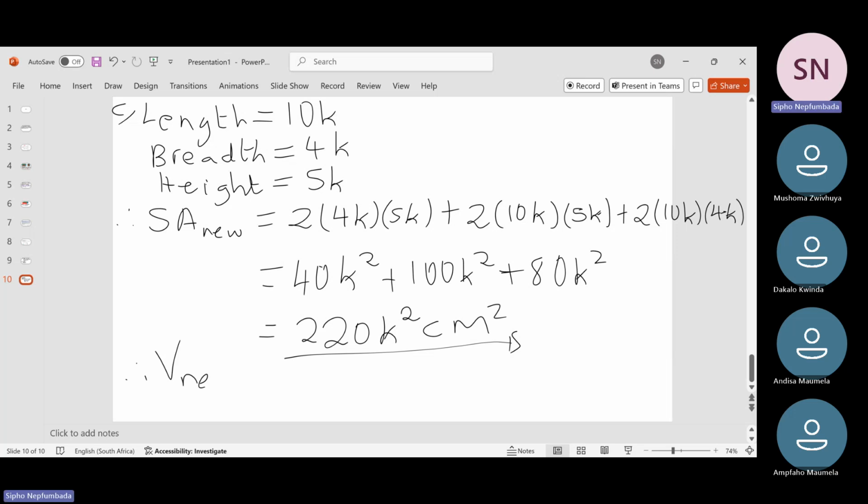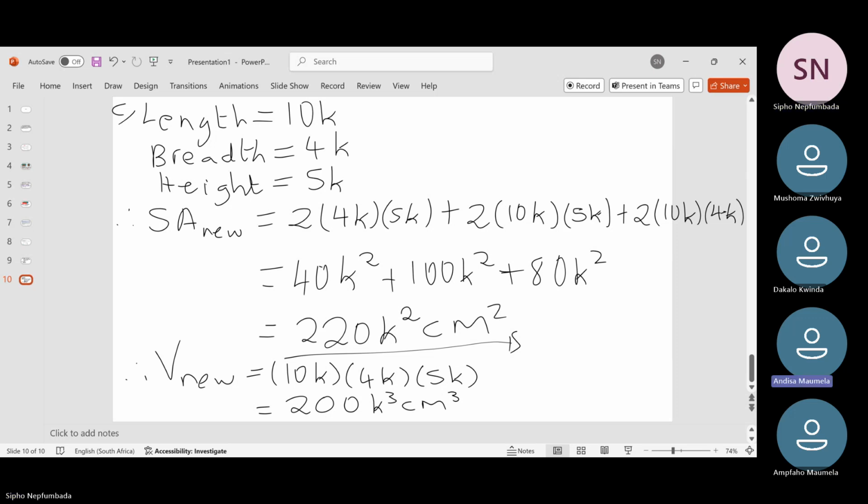Therefore, the new volume is going to be equal to 10k multiplied by 4k multiplied by 5k. Then this is nothing but equal to 200k cubed centimeter cube. Are we fine?